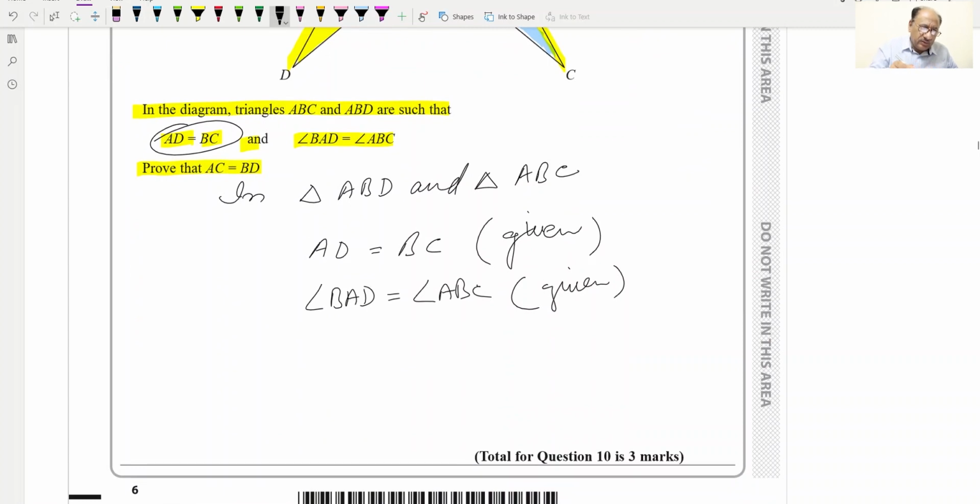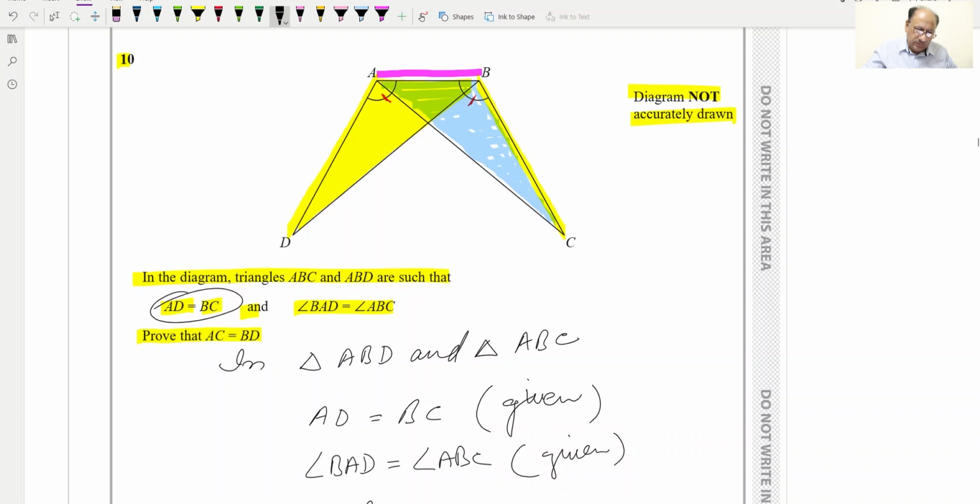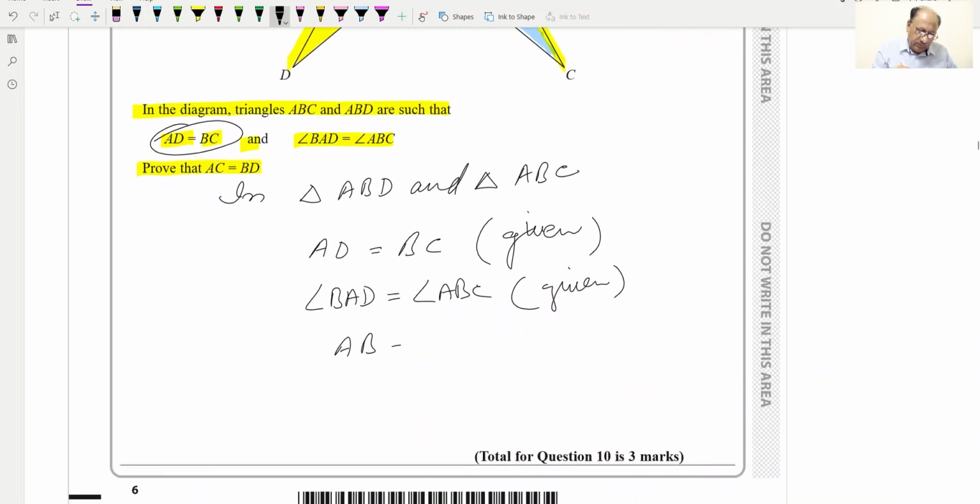So we can write AB is equal to AB, common in both triangles.